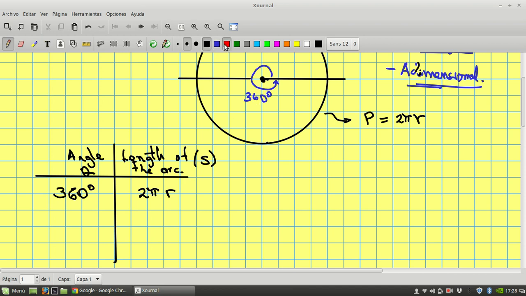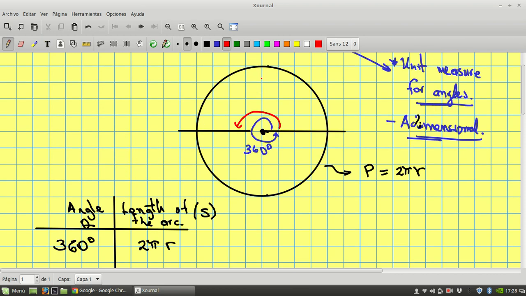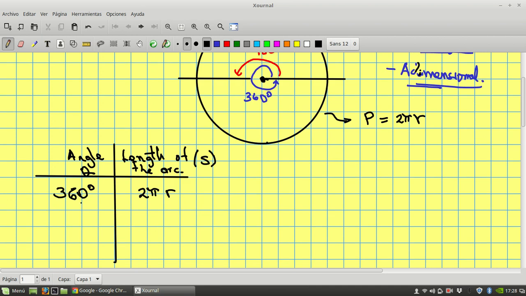What if I choose an angle of 180 degrees? I choose half of the circle, right? So the length of the arc is something so simple: this arc is pi r.